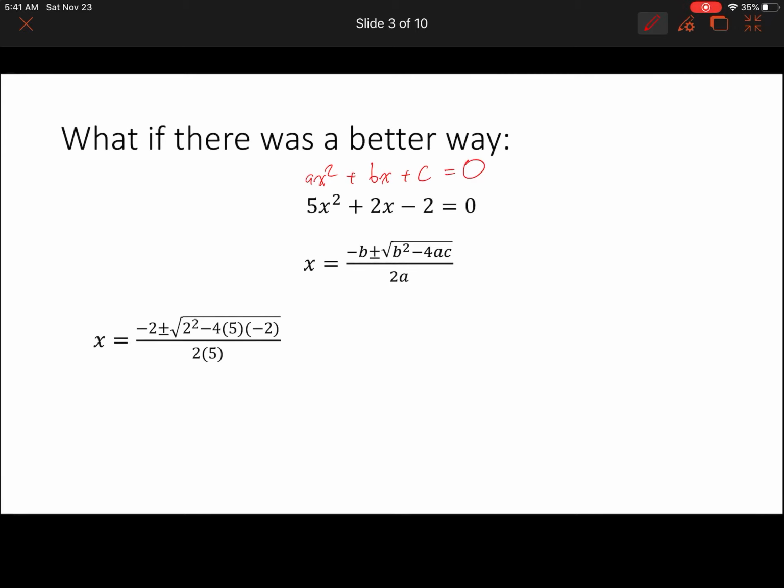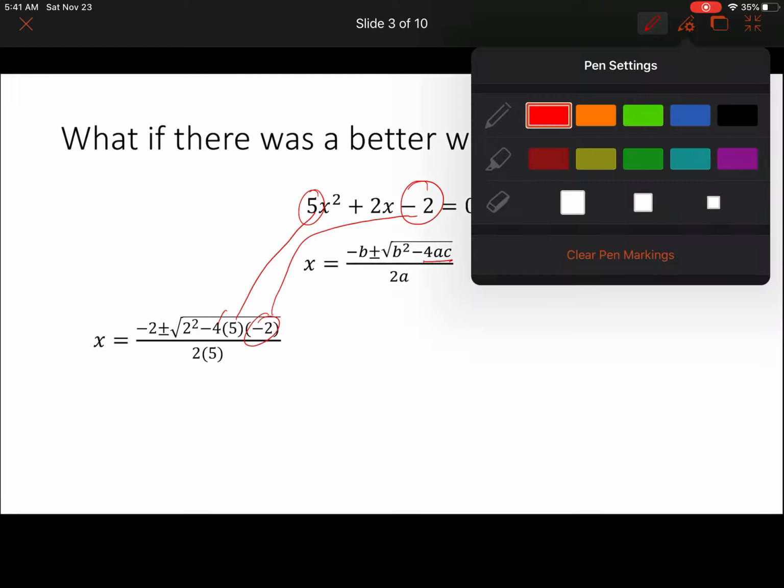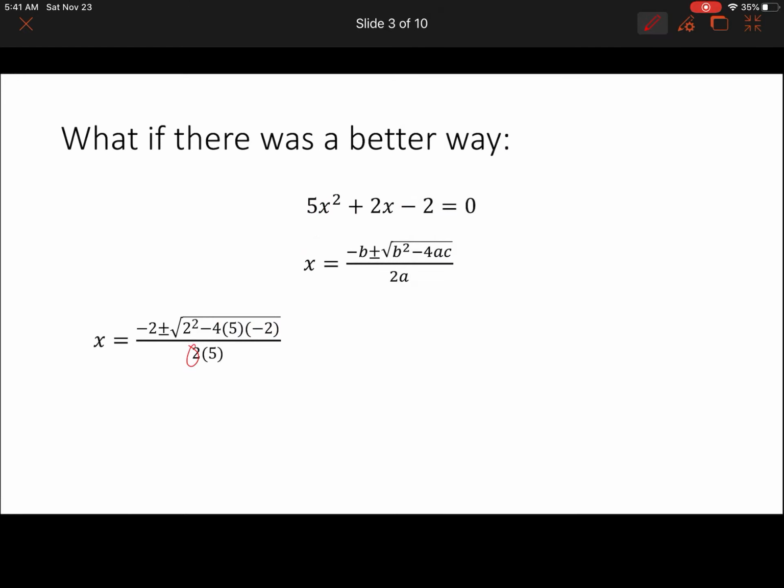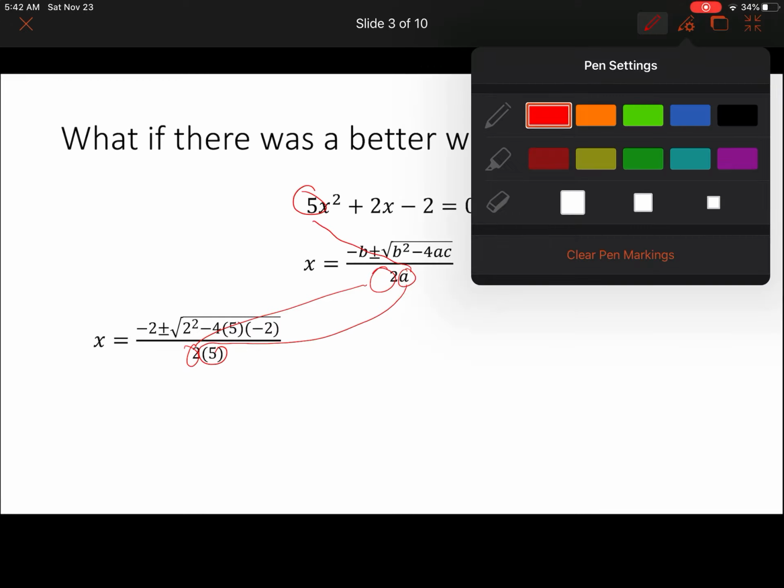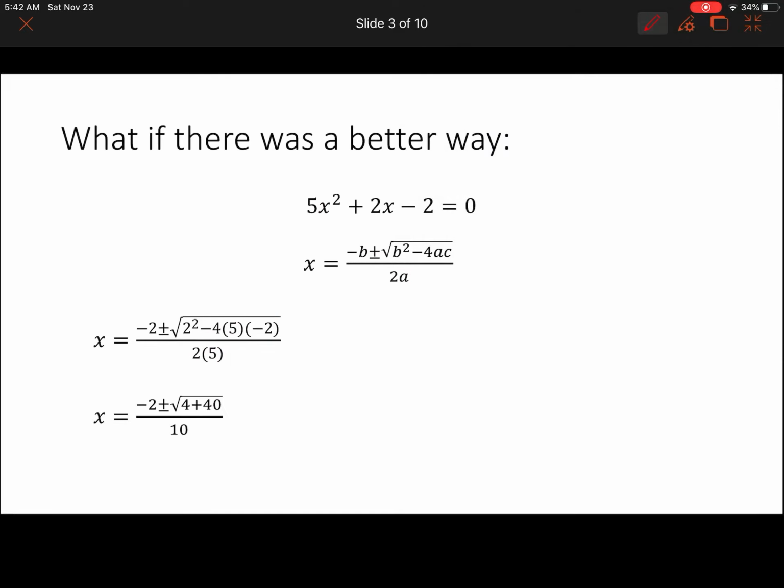I take my values, plug them into the formula, and I can solve. So like I said, this minus 2 came from here. This 2 came from this b squared minus, that's our minus, 4 times a times c, over 2 times a, and then we just solve.